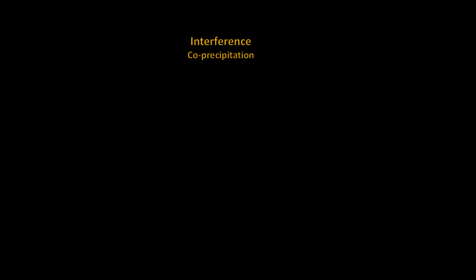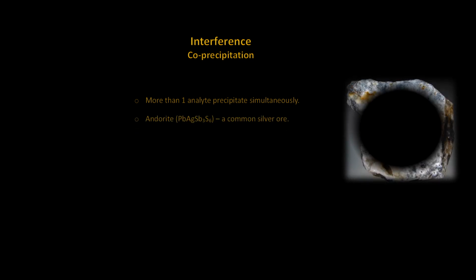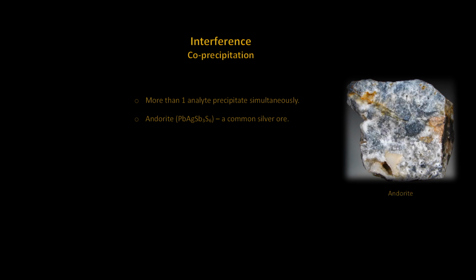Interferences are basically contaminants, but they can also be two distinct compounds precipitating at the same time. Andorite is an example. In geology textbooks, its chemical formula, as shown, contains lead, silver, antimony, and sulfur. However, examining the ore, one could also see some silica, probably quartzite or quartz, and more.